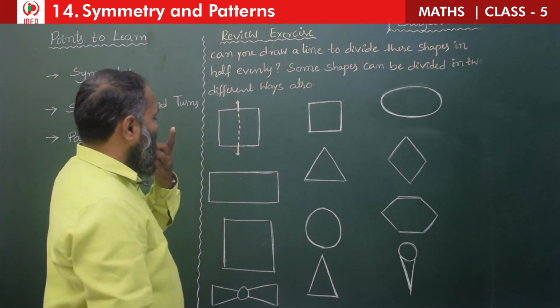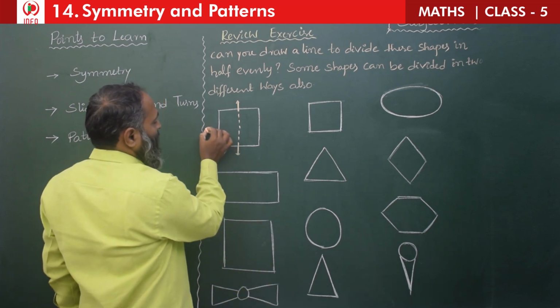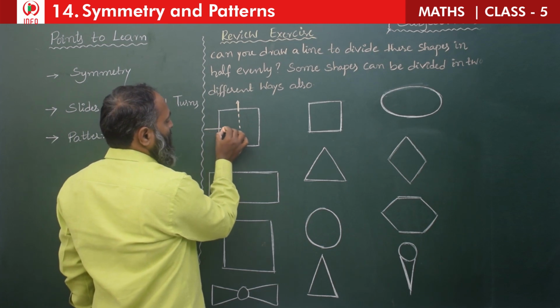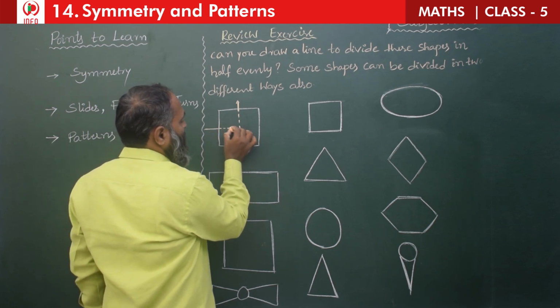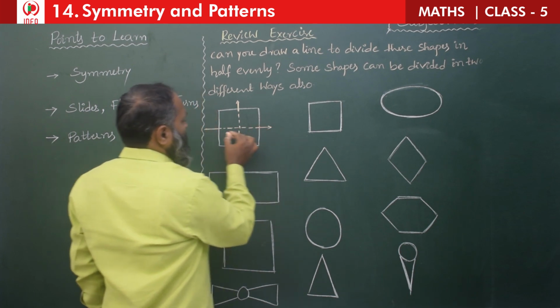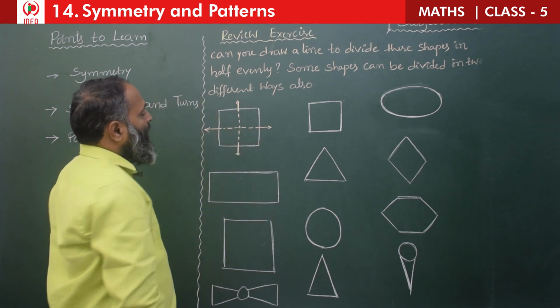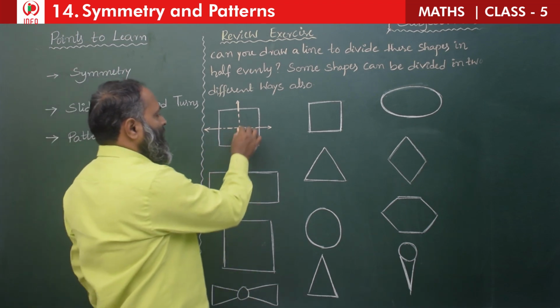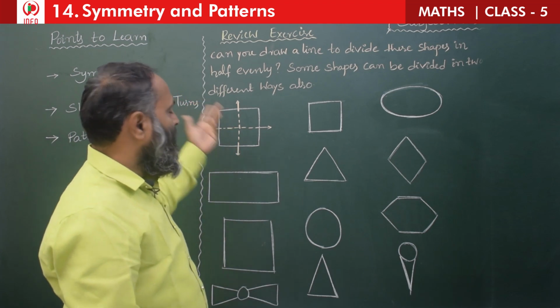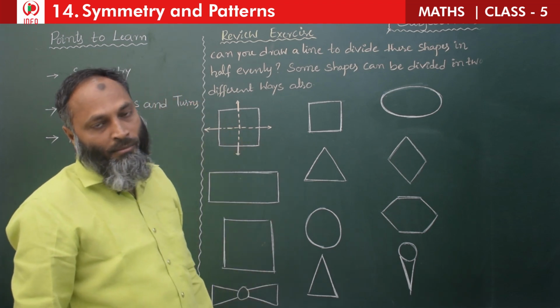For this square, if you draw one more line horizontally from the middle, we get two different ways to make the square into two equal halves.